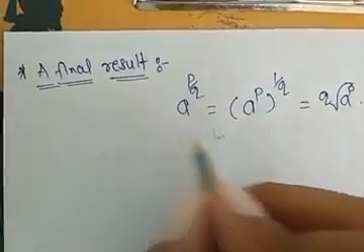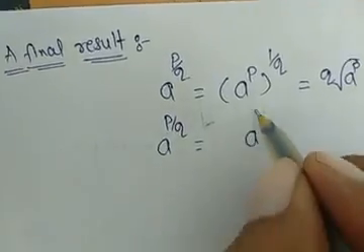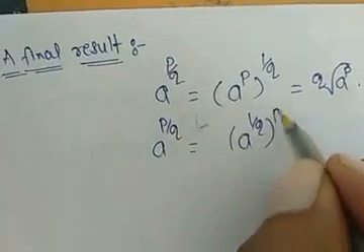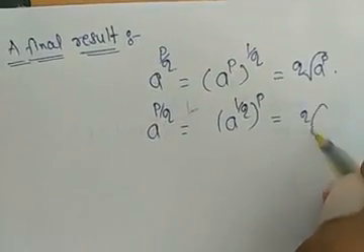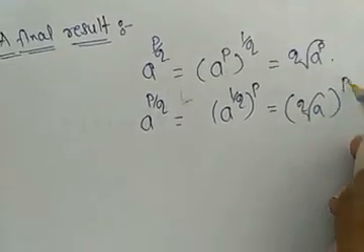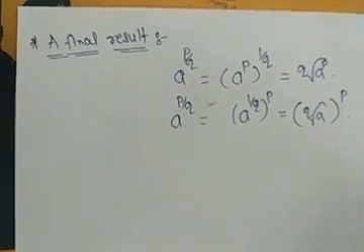Or a raised to p upon q can be written as a raised to 1 upon q, raised to p, which is equal to the qth root of a, bracket raised to p. Okay, this is our final result.